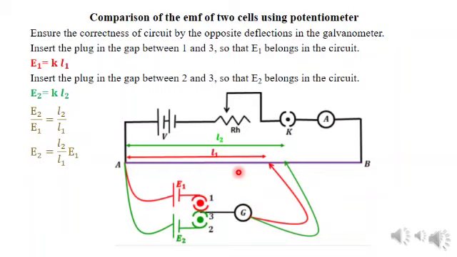After inserting the plug in any one gap of the double way key, we take the balancing point when the galvanometer shows zero deflection.